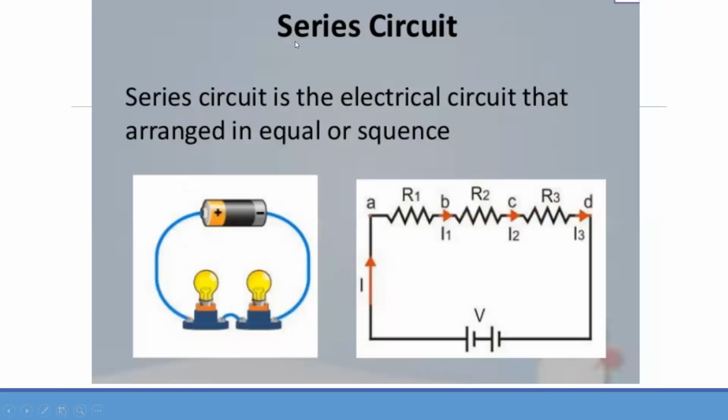So far we talked about the series in the previous lesson, and we said the series circuit is the electrical circuit that is arranged in sequence. As we said, here we have three resistors that are arranged in sequence, or the circuit has only one path.